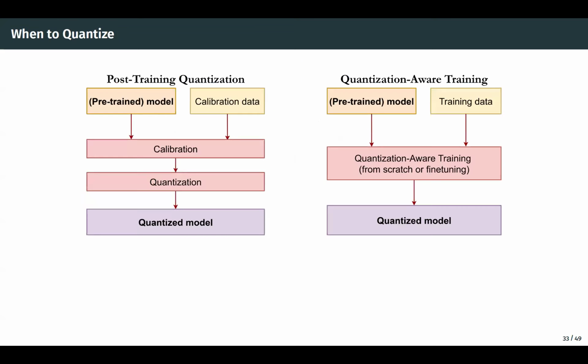And for this reason, we have what we call calibration. You use a set of inputs and get running statistics using this calibration data to find the scaling and the Z point of the activations. Activations are those intermediary values you get from the convolutional layers.